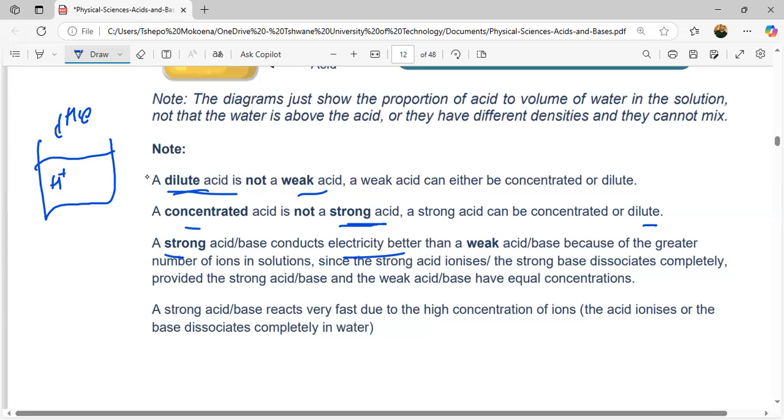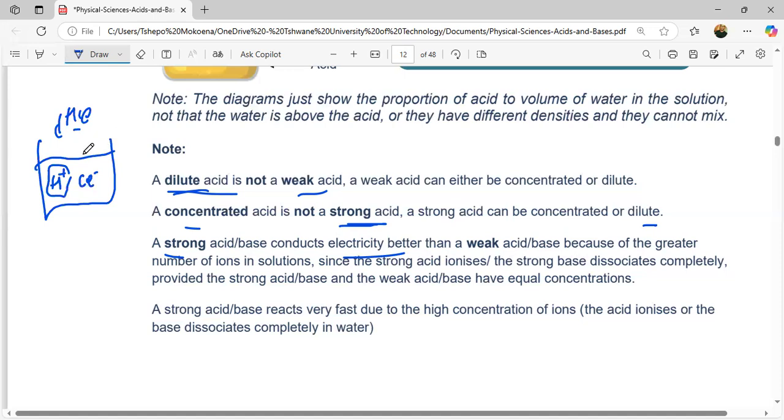You're going to form H plus ions and Cl minus ions. And we can see that this is an acidic solution because we have a high concentration of hydrogen ions. Okay, by the way, HCl is a strong acid. Do not forget that.